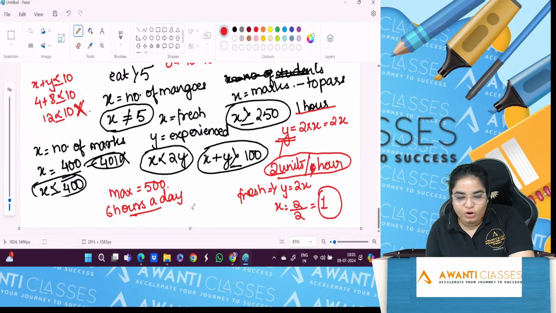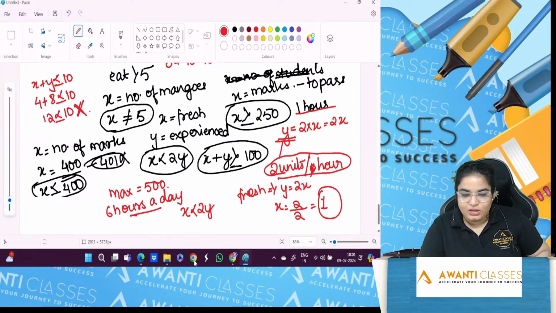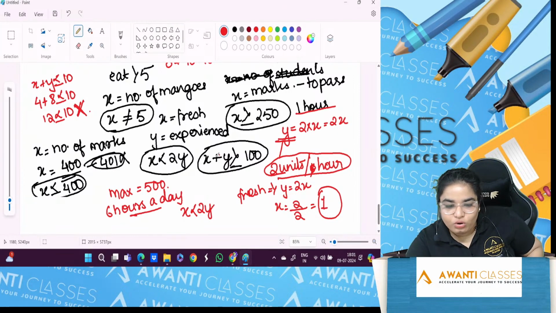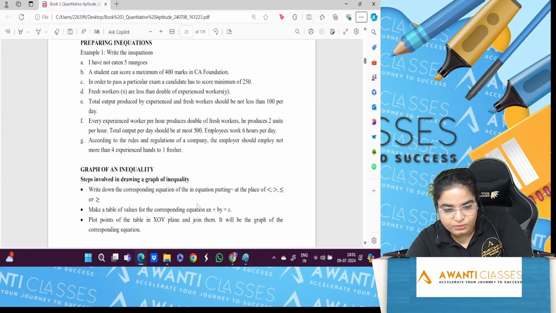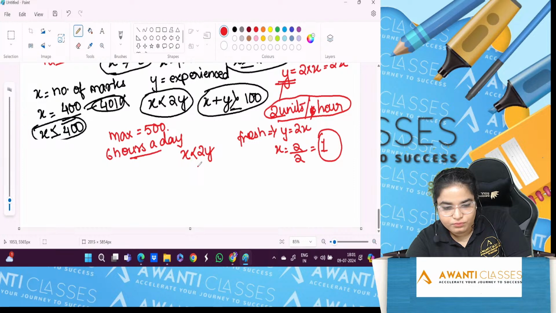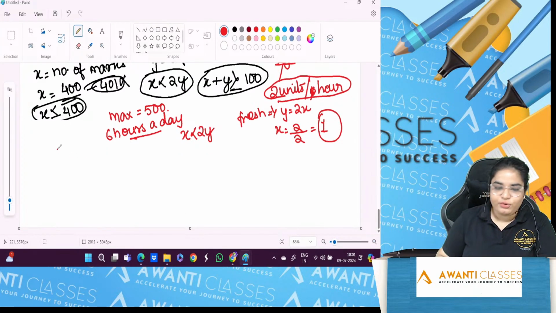Now, what all do we have? We know that fresh workers are more than experienced workers. Similarly, we know that minimum work, for example, is 100 units.